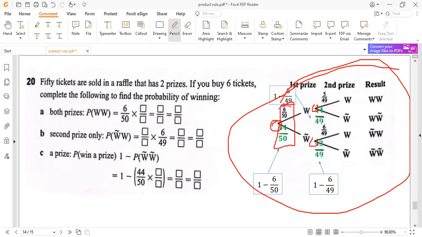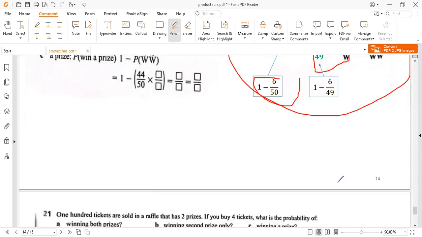So if this is equal to 6/50, then this is equal to 1 minus 6/50, equal to 44/50. For example, from this node, we have 5 over 49. To complete the unit, this one is equal to 44 over 49. And at this node, we have these two branches, so the sum should equal 1. We have 6 over 49, and we complete with 43 over 49 to obtain the unit.